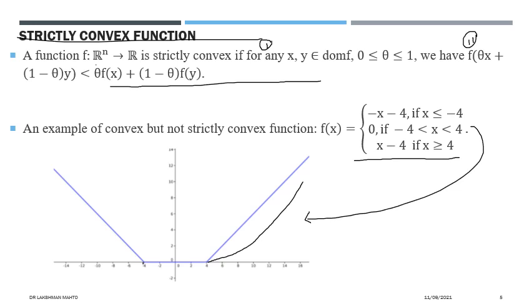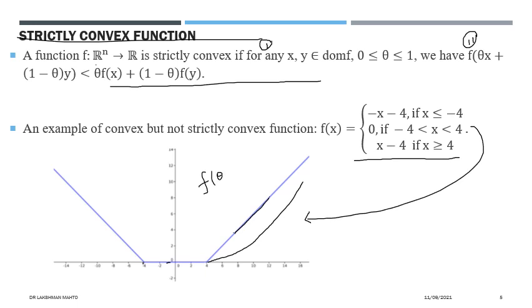Why? Because if you take any two points from the graph of the function and join the line segment, the value on this line segment would be equal to the image of the convex combination of any two points. So here we directly observe equality.